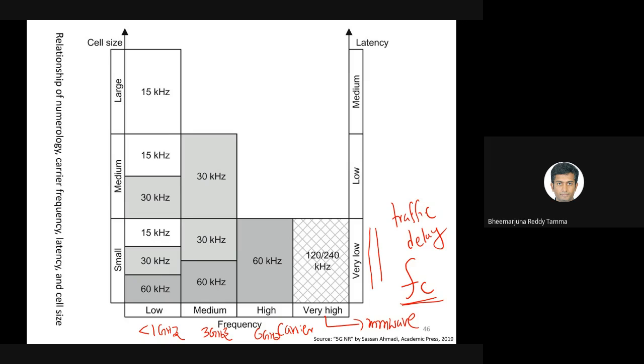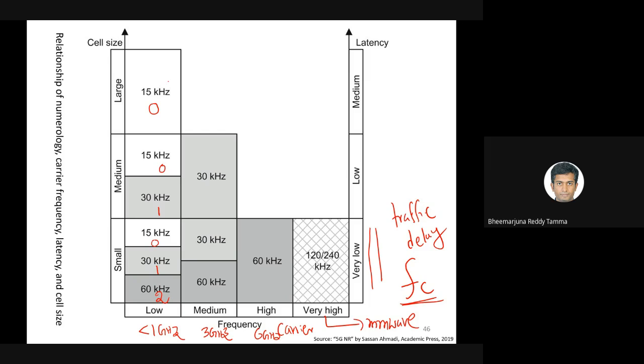And interestingly, you can see in the figure on the left-hand side, even when you have the carrier frequency less than 1 gig, we can start using either numerology 0, numerology 1, or numerology 2. You can use numerology 0, 1 or 2 for small cells. And if you want to have a medium size cell, then you'll be using numerology 0 or 1. And if you want to have a large cell, you have to use only numerology 0.